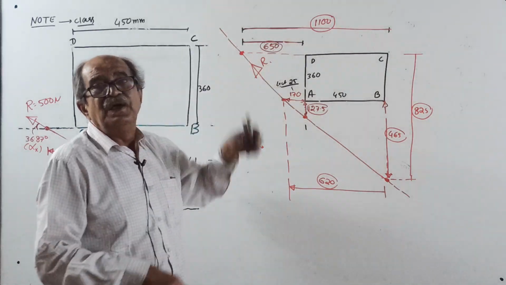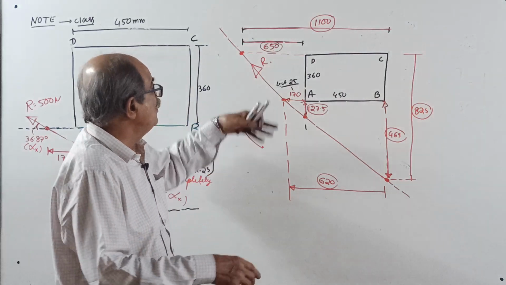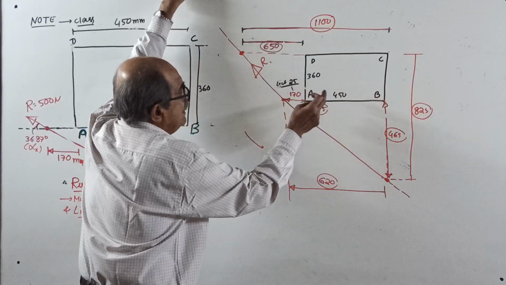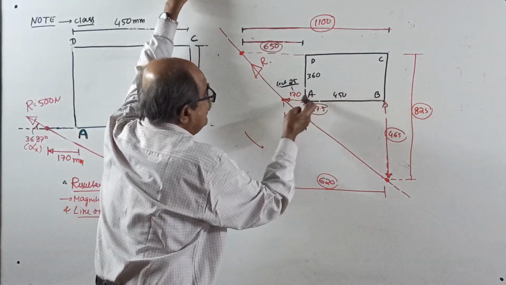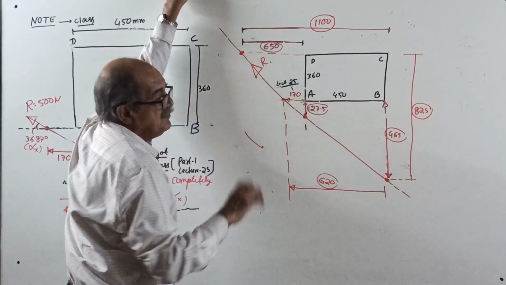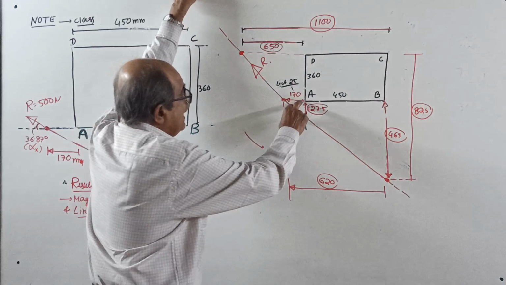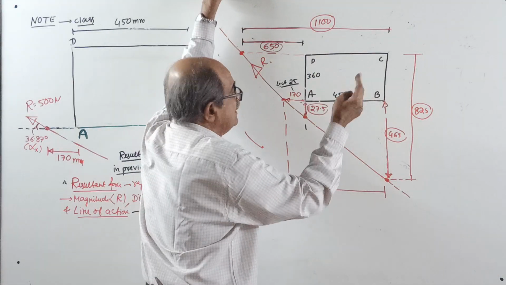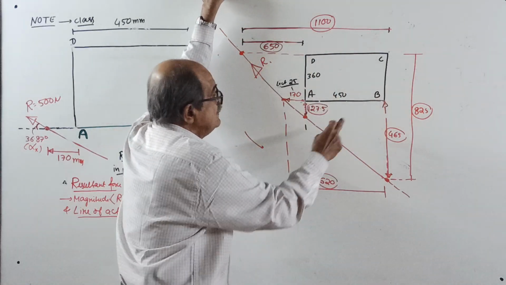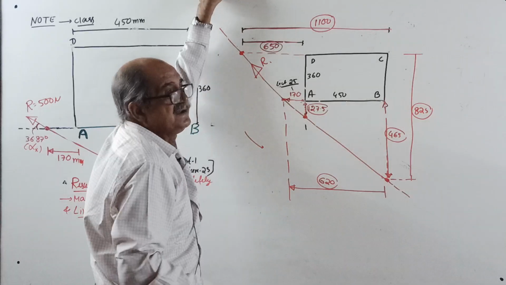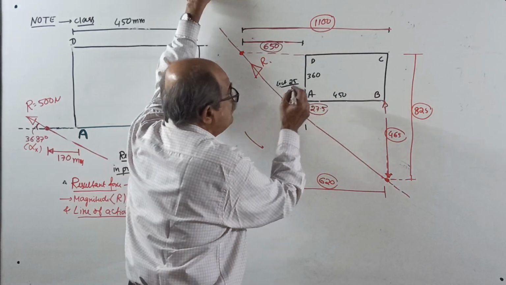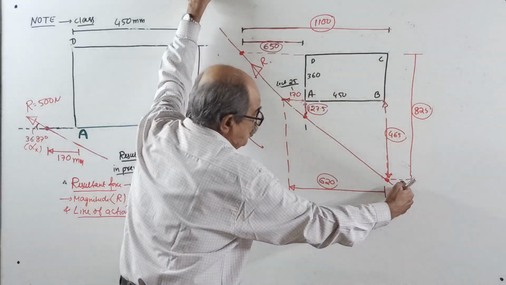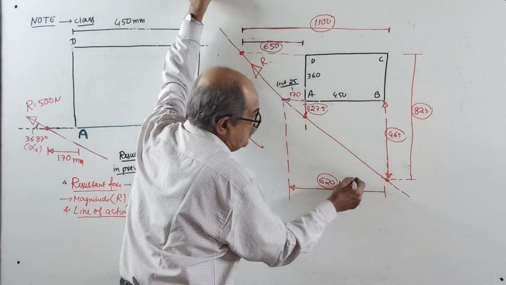First statement, solution 1, already over: cutting the AB line at A, it cuts to the left of A by 170. Second option, cutting the AB line, once again the same point, but location with respect to B, your answer should be from B to the left side by 620.